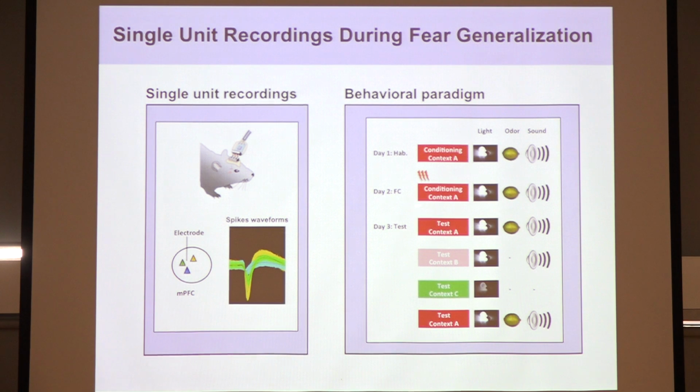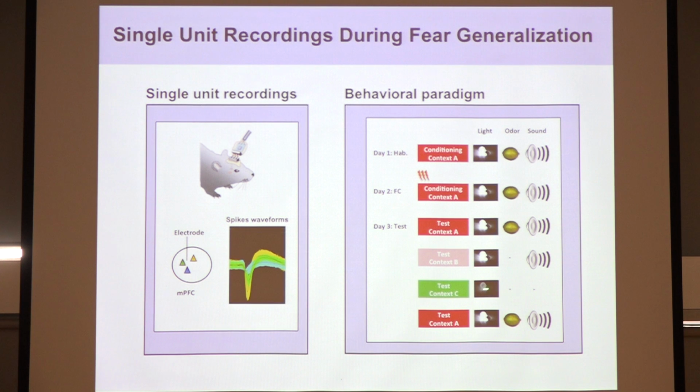And the day after, we start the experiment by exposing the animal to the same conditioning context. And progressively, we remove some elements of the context while the animals stay in the same environment. So in what we call context B, we remove the lime odor. Context B is really similar to context A, except that we remove the lime odor.